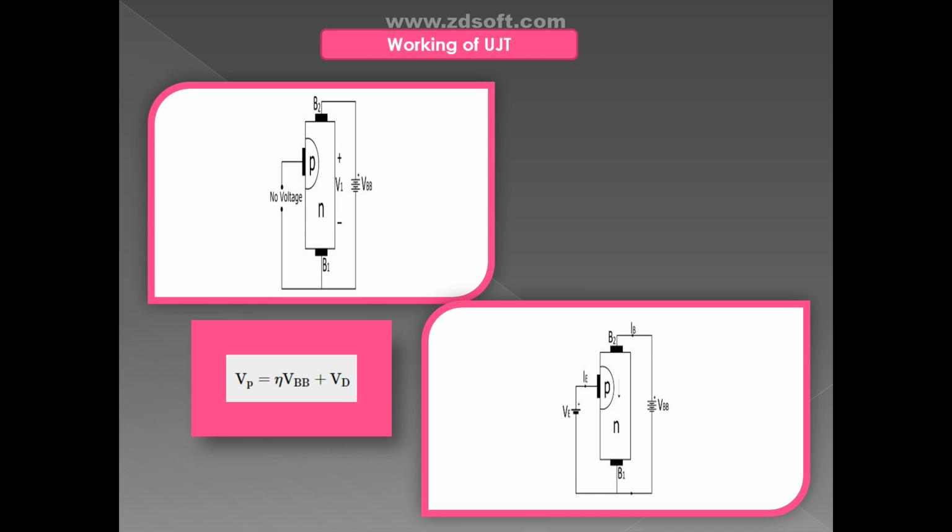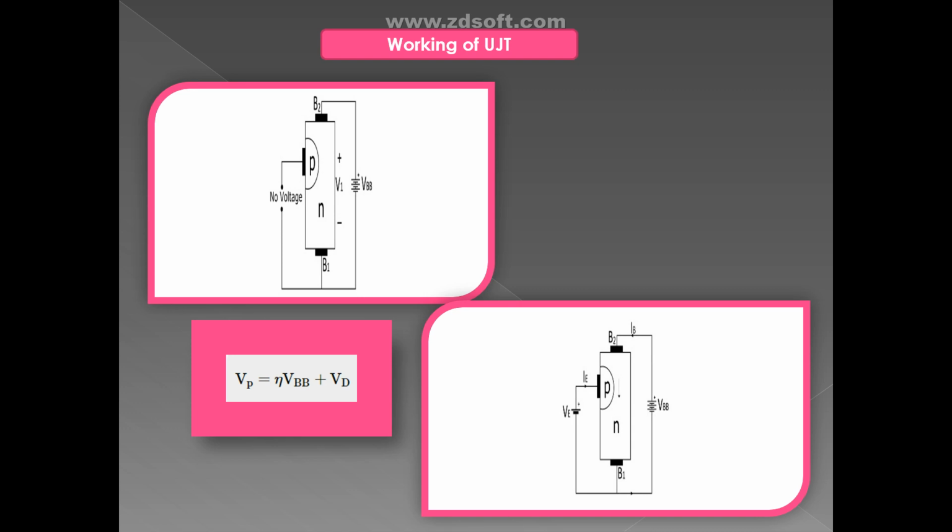When the applied voltage reaches the value equal to eta VBB plus VD, the diode conducts and emitter current flows. The value of emitter voltage which causes the diode to conduct is called peak point voltage. That is Vp is equal to eta VBB plus VD.